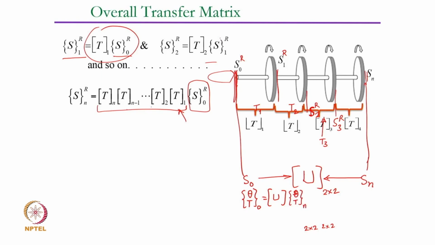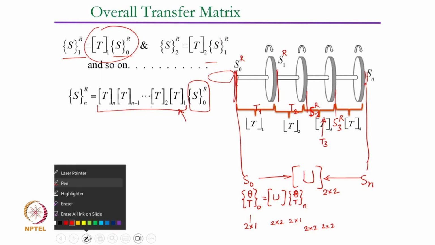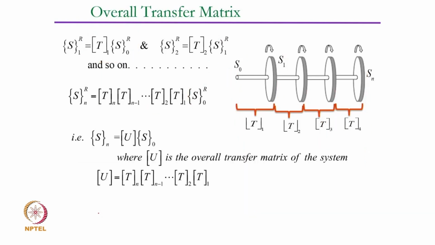Okay, so this is a 2 cross 1 vector, this is a 2 cross 2 matrix, and this is 2 cross 1. Okay, what is the problem here? Okay, we will get back to that problem after we actually show that this overall transfer matrix will be a product of individual transfer matrices.